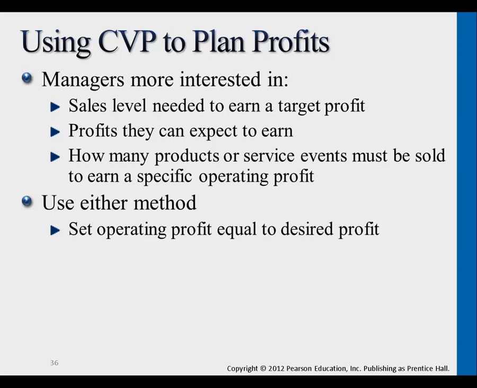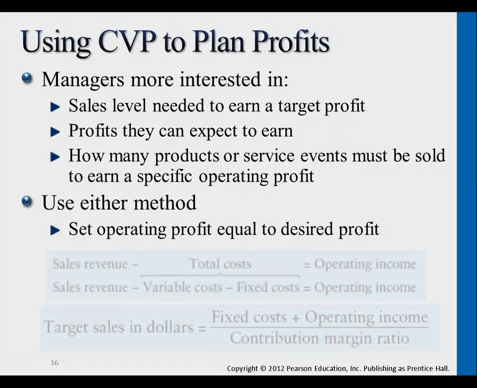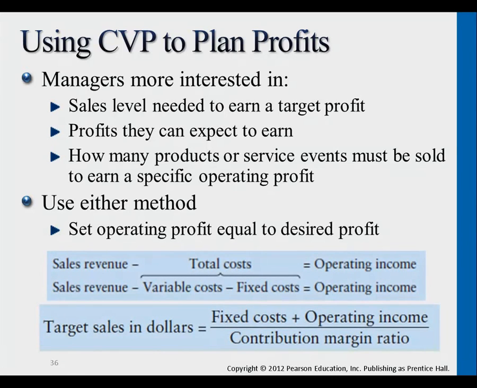All right, so let's look at this. Like we said, our managers are most interested in sales level. Our profits are extremely important to us, and how many products or service events must be sold to be at that level of profit. We have here two formulas.